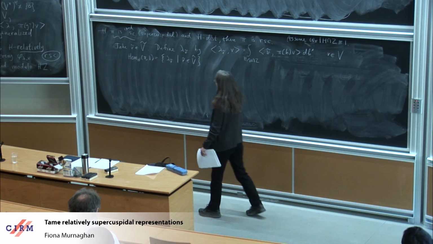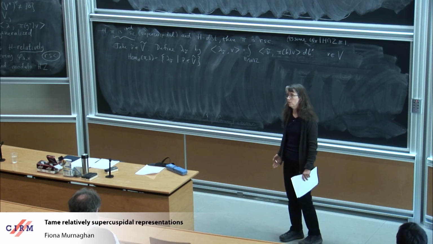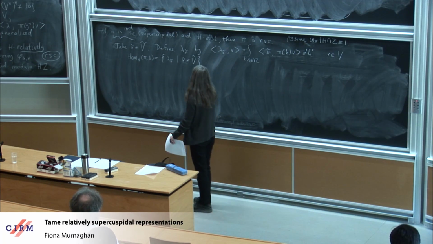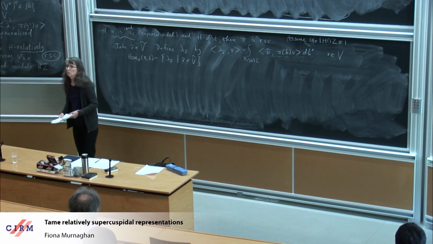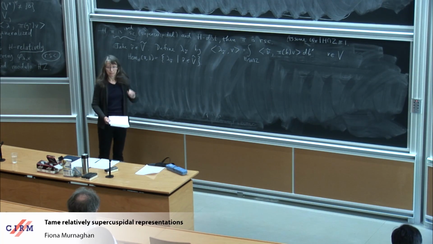Okay, so of course, if the representation is not distinguished, these forms are all zero. Okay, so in understanding supercuspidals that are distinguished, you need to understand enough about the supercuspidals to decide when you get something non-zero here.